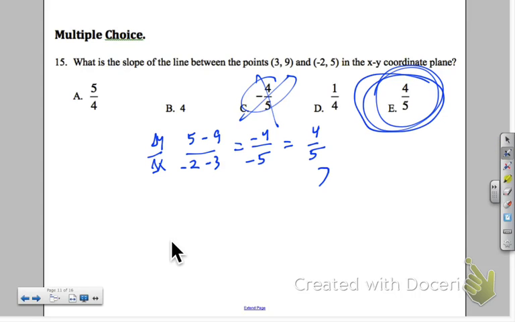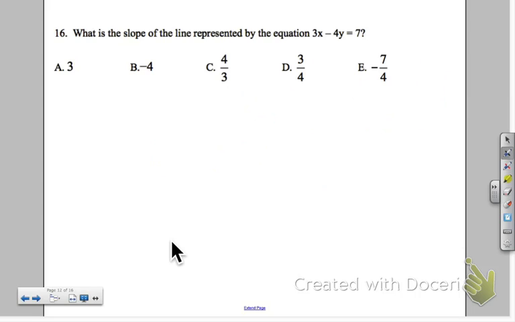So our next one is the slope represented by this equation. Again, with these types, you're going to have to convert it to y equals form and then get the slope. So that's going to be minus 3x on both sides. So negative 4y, don't forget that this negative here goes with the 4y, equals negative 3x plus 7.